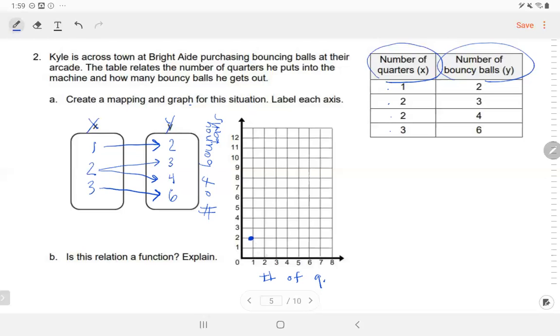For 2, though, I can plot 3 and I can plot 4. For 3, I can plot 6. So this is asking, is this relation a function? And no, this is not a function, because for every input, or for every x, there is actually more than one output.